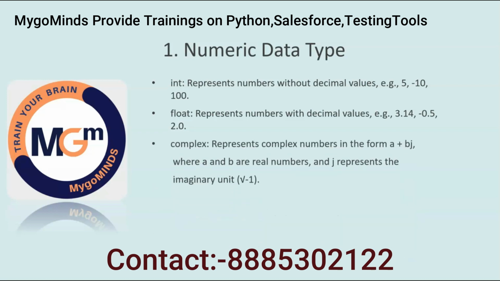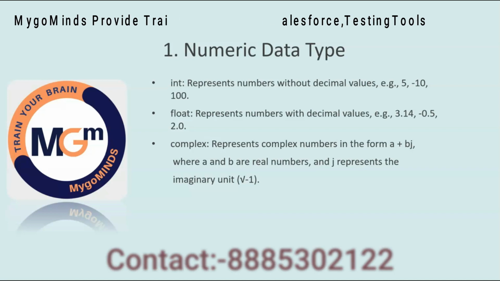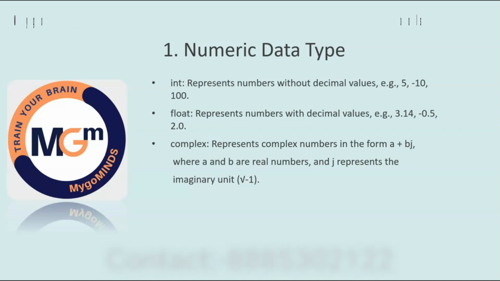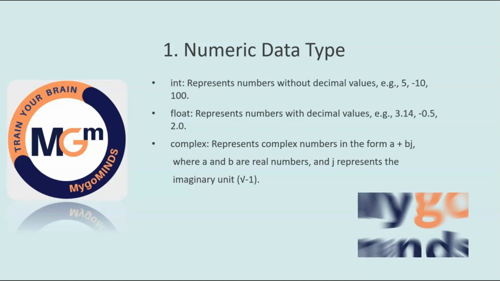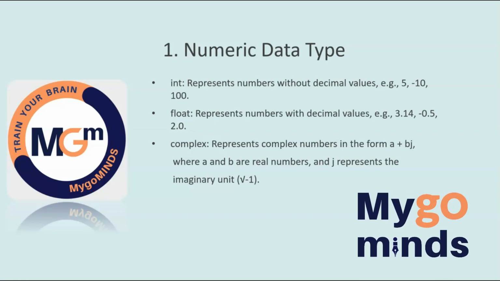And also we have complex numbers, which we use generally in mathematics, right? Complex numbers are in the form of a plus bj, where a and b are real numbers, for example 5 plus 3j, and j represents the imaginary unit, which is the root of -1. We have learned this during our school.